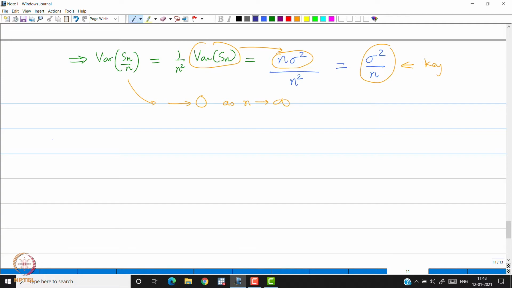We are going to apply the Chebyshev inequality, which we talked about earlier, in this week, or maybe whatever, where we talked about it just recently, to the random variable Sn by n.